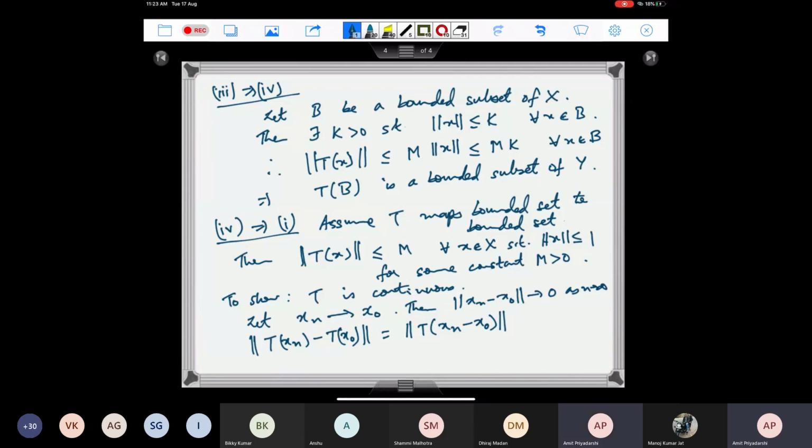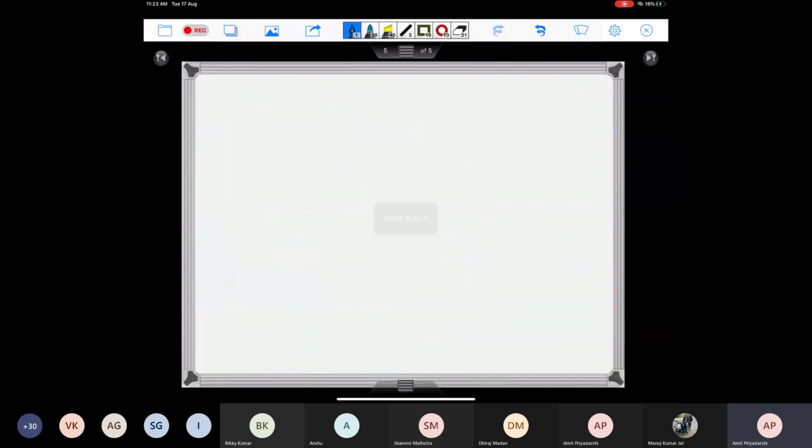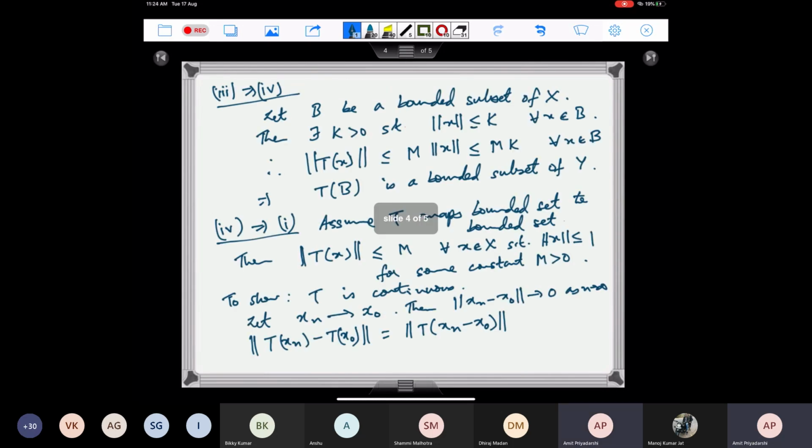Now we have to show that this can be made less than any epsilon if n is large enough. So let epsilon greater than 0 be given. Then we know that norm of xn minus x naught goes to 0. So therefore norm of xn minus x naught can be made smaller than anything.